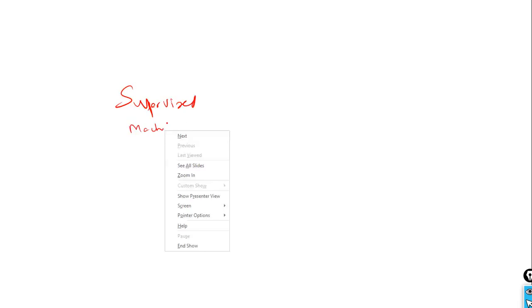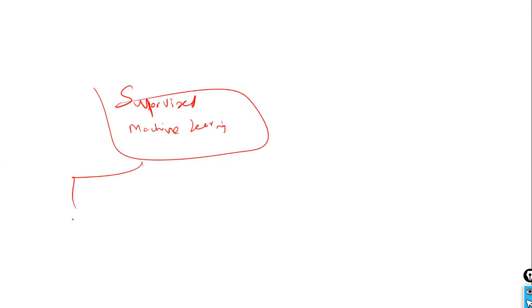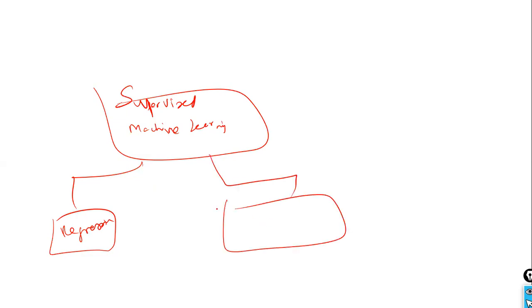Okay, here we have supervised learning. We discussed what supervised machine learning is. In supervised machine learning, you need a set of input features and the dependent variable. Within supervised machine learning, you have something called regression, and then something else called classification.